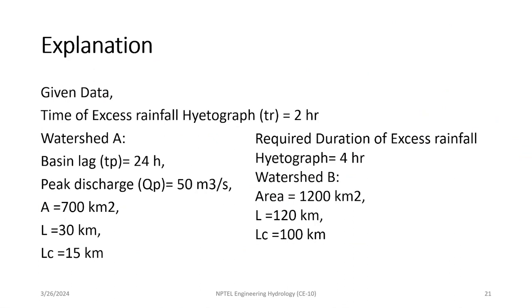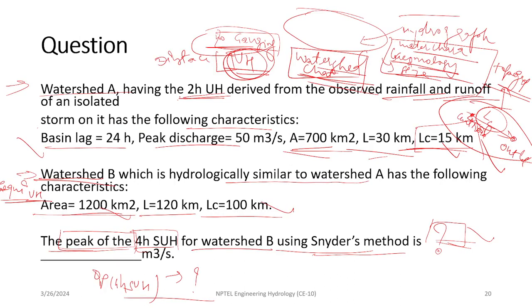Okay, so I have summarized these data in this slide. The time of the excess rainfall hydrograph is given as 2 hours. For watershed A, TR will be 2 hours, right? And the depth of the rainfall will be 1 centimeter.